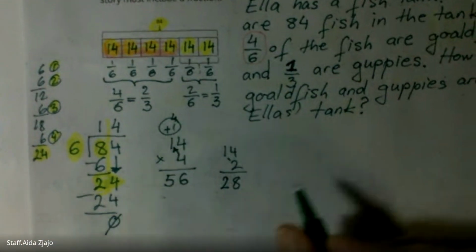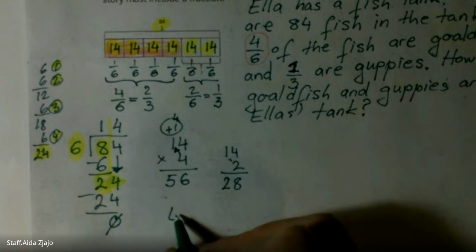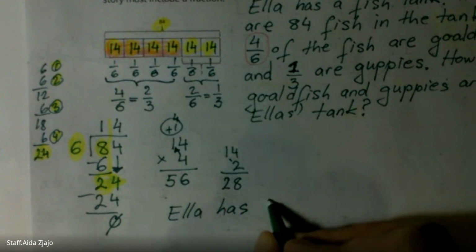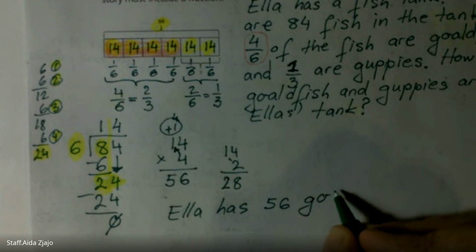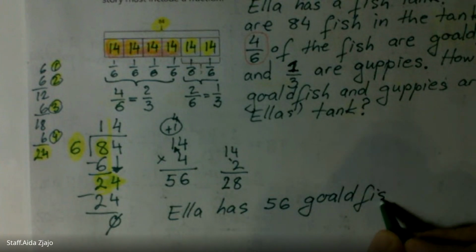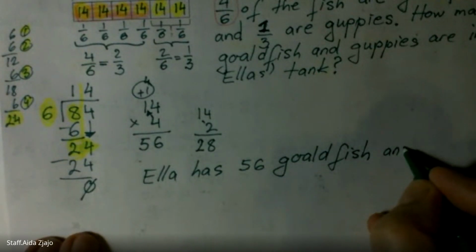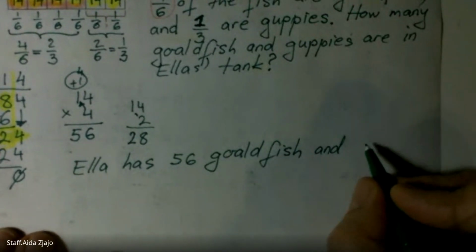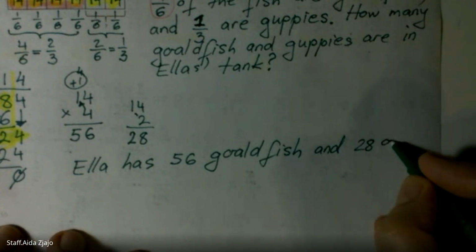So we can say, Ella has 56 goldfish and 28 guppies.